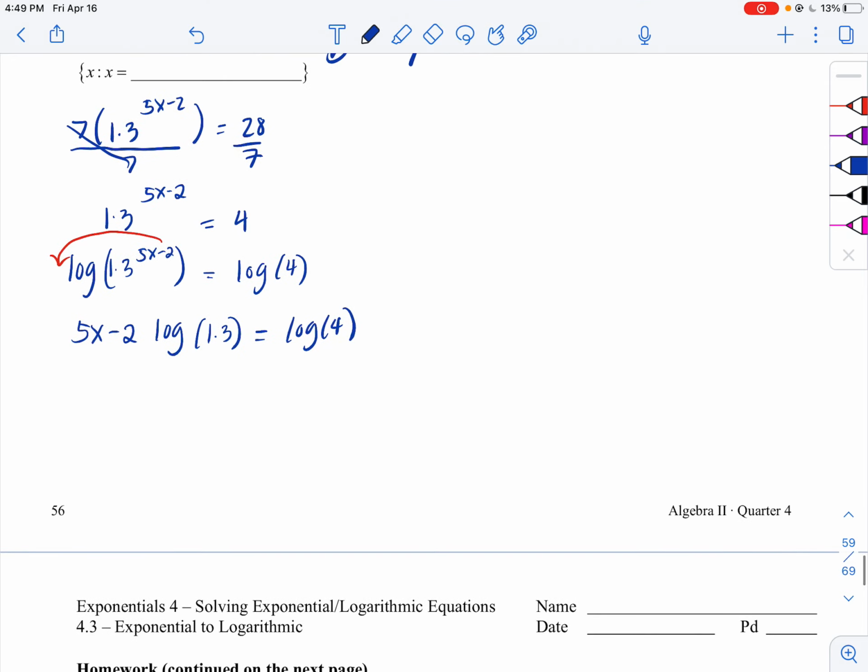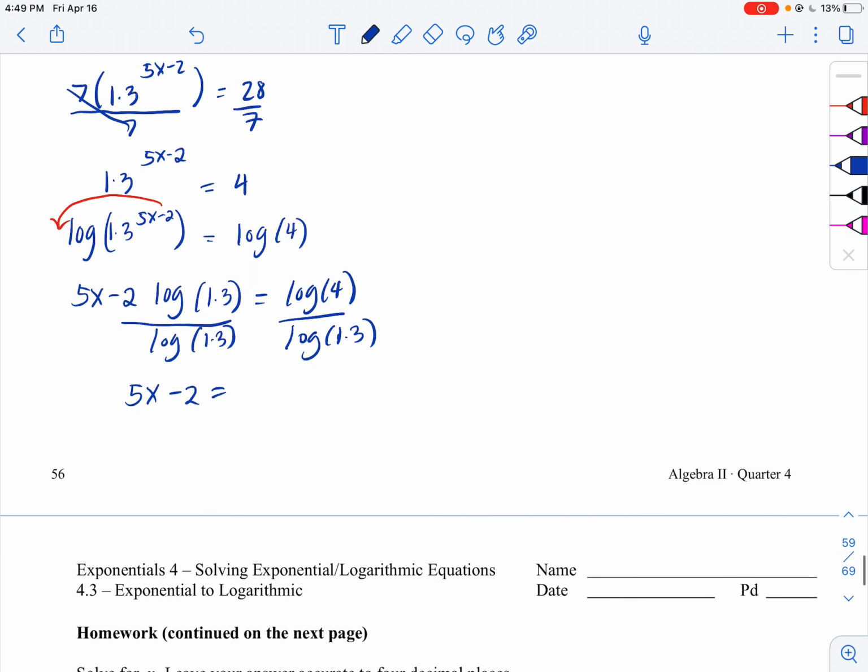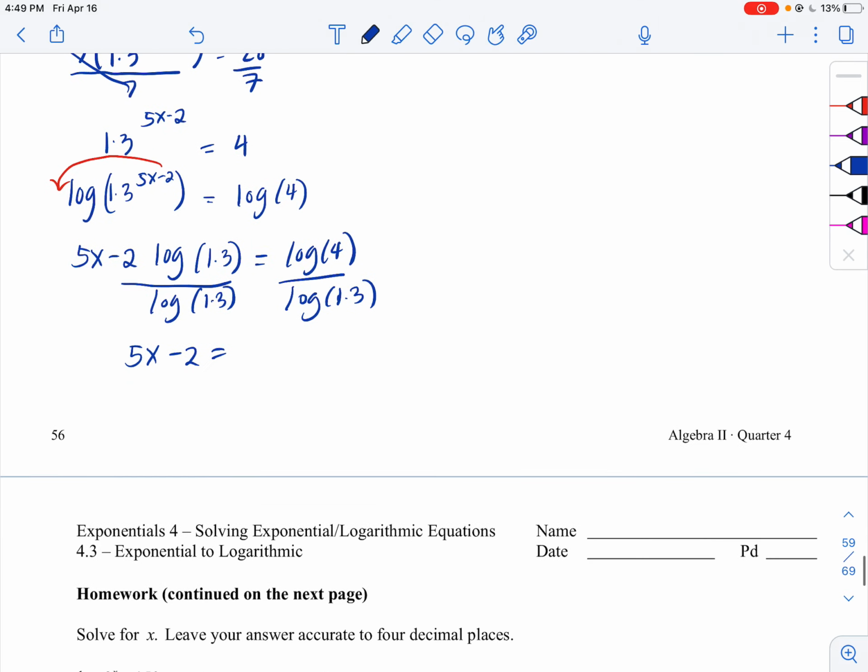Okay, what else? I can get rid of this. Get rid of that, 1.3. So this is 5x minus 2 equals log of 4 divided by log of 1.3. Okay, hopefully you know how to do that already.